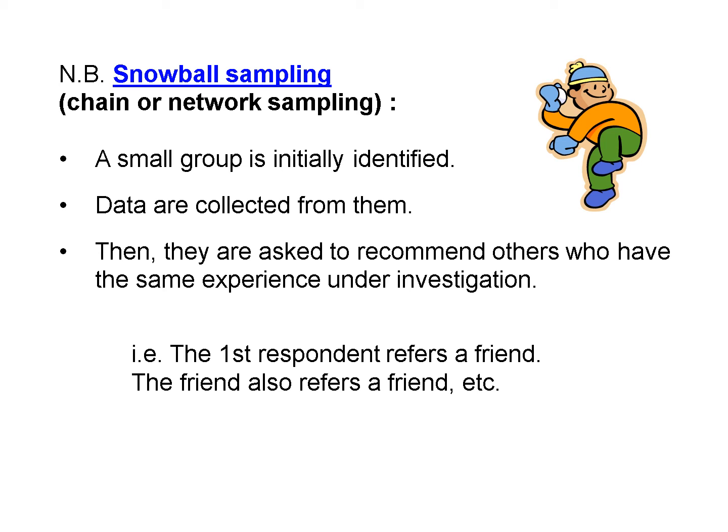That's to say, the first respondent refers a friend, the friend also refers a friend, etc. Its name is snowball because it is similar to a snowball: once it is rolling, it picks up more snow along the way and becomes larger and larger. It is used when the potential participants are hard to find, so the researcher asks the first participant to recruit his friends into the sample.